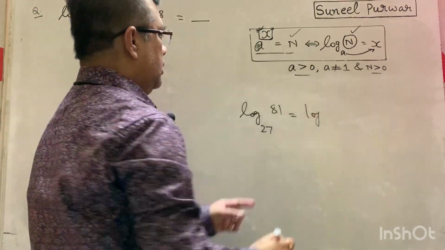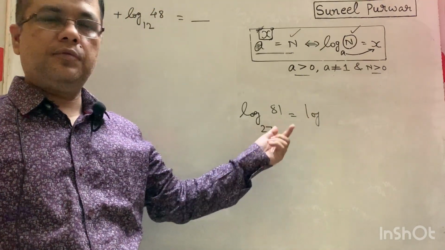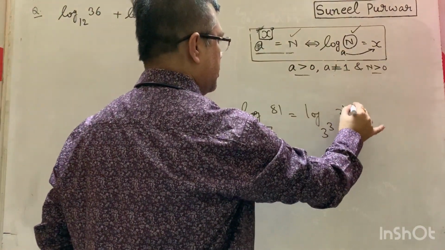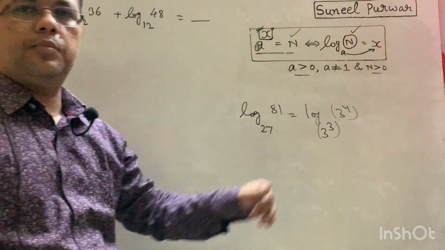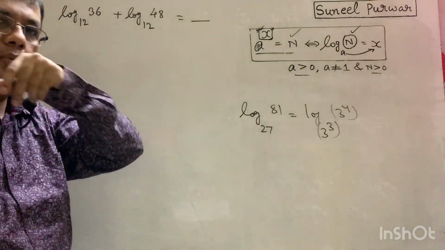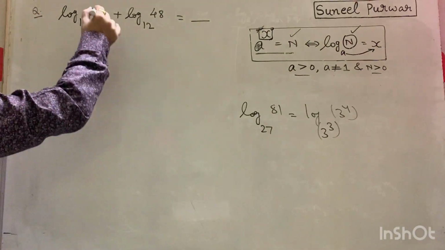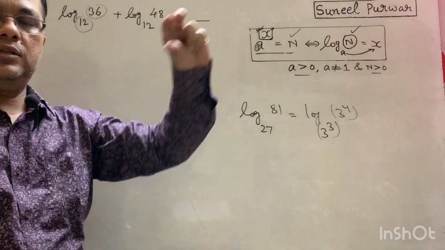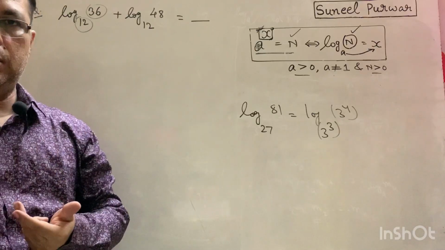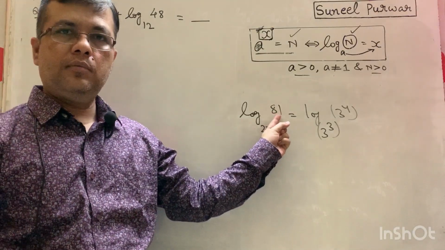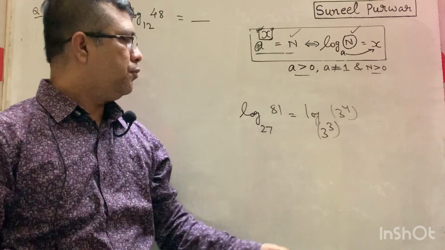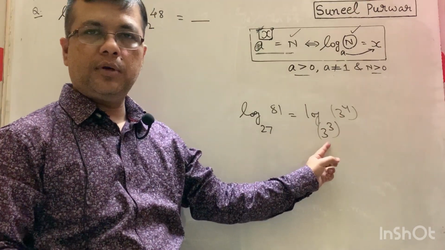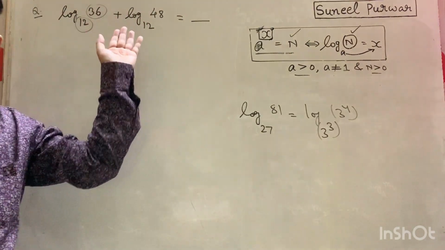So here the number 81 you can write in powers of 3, 27 also you can write in powers of 3, 3 power 3, this is 3 power 4, and you could use that m by n property, but no such opportunity is available here. 36 and 12 you can't write as the power of the same prime number. Here 81 could be written as the power 4 of prime number 3, 27 could be written as power 3 of prime number 3. No such situation is there.